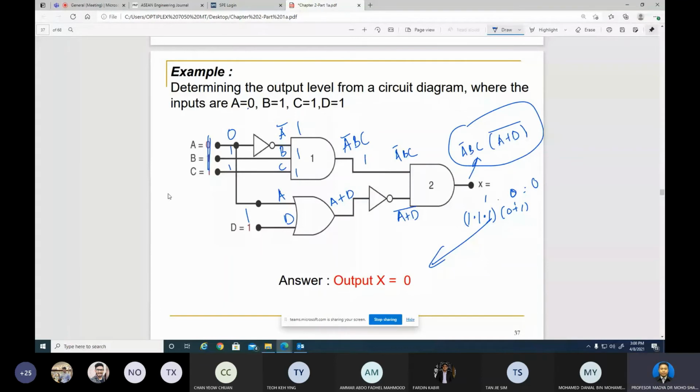At the end, you can get the output 0. That is another technique. So you can substitute the value from the final Boolean expression, or you can substitute the value from the early stage, from this one.